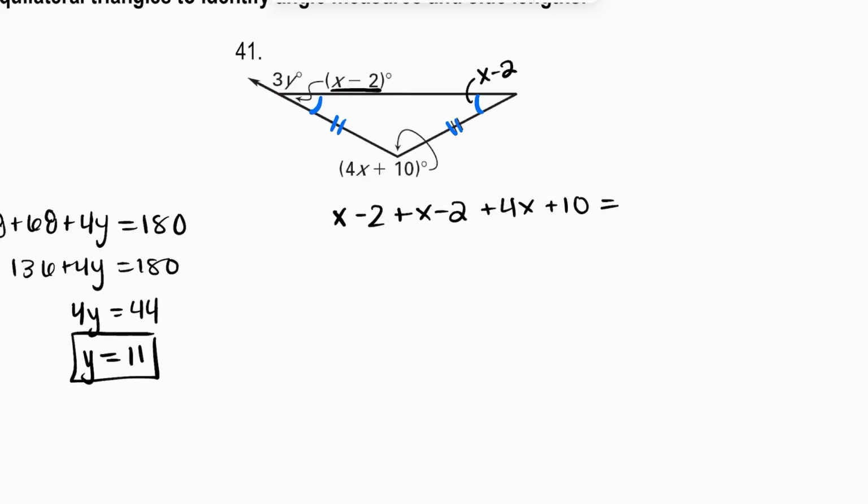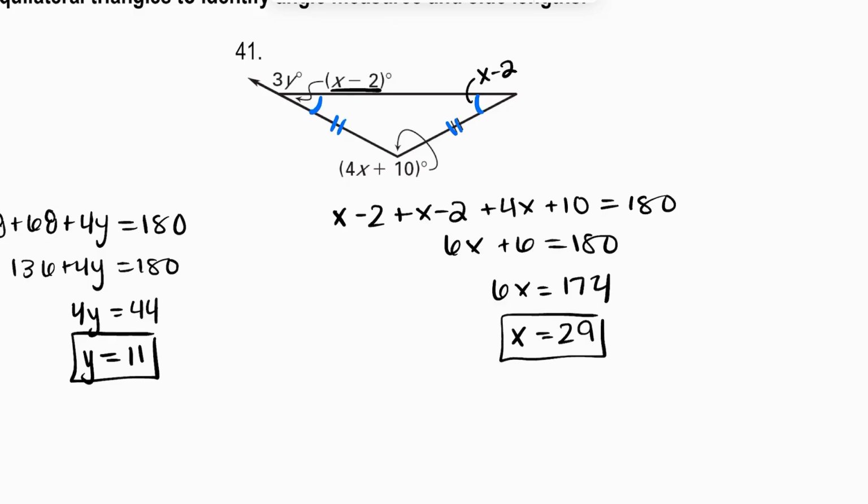And this will help us find x. So we have 6x plus 6. 6x equals 174. So x equals 29.